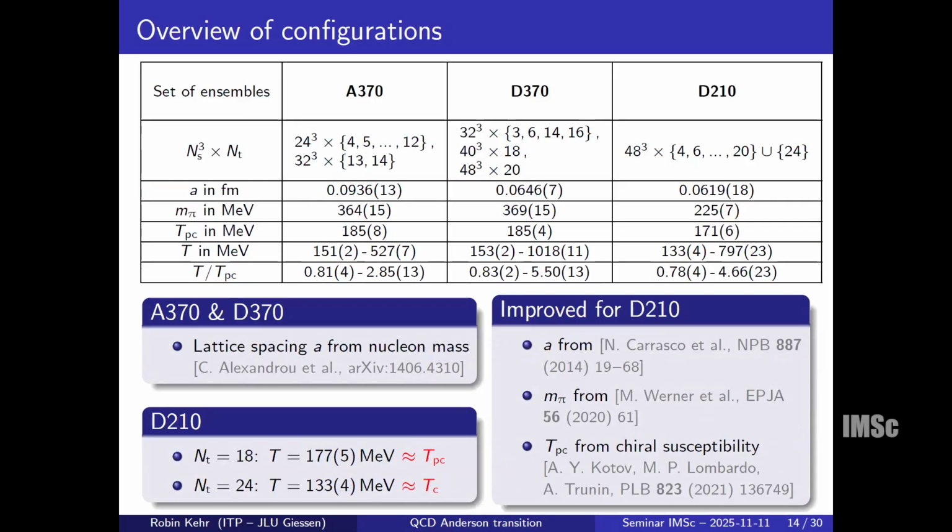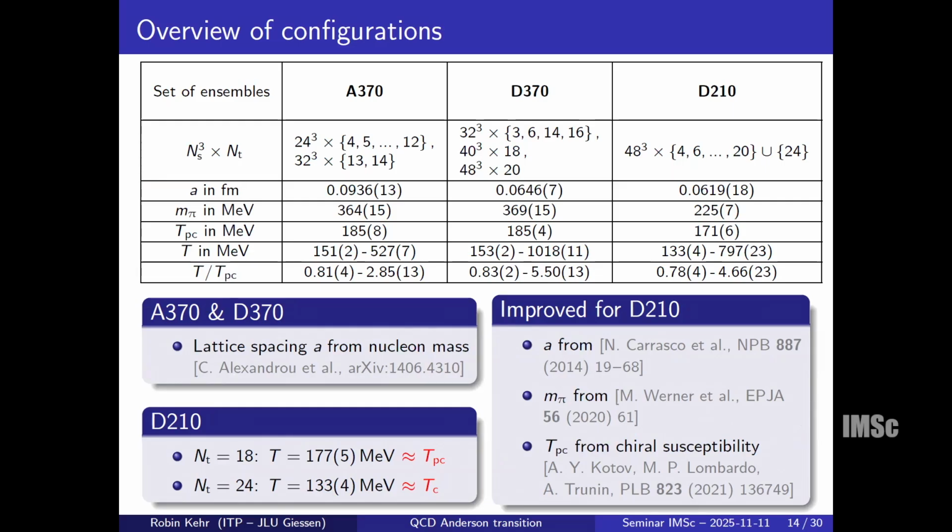So here you see an overview of all the configurations. We have a large temperature range for 3 different setups. Here we have the largest lattice spacing, 0.09, and for the others we have 0.06. And then there are also different pion masses.